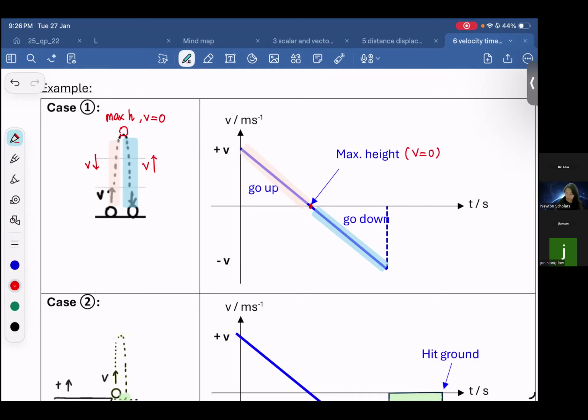I know this point actually is maximum height. Then the object will fall down, it will change direction, am I right? So when it changes direction, you should draw at the negative v to show this is the opposite direction already. And then speed will increase. Here is 0, 0 to some value here.